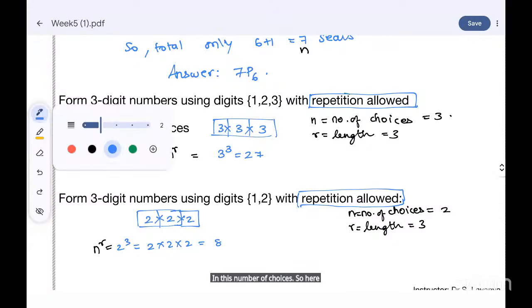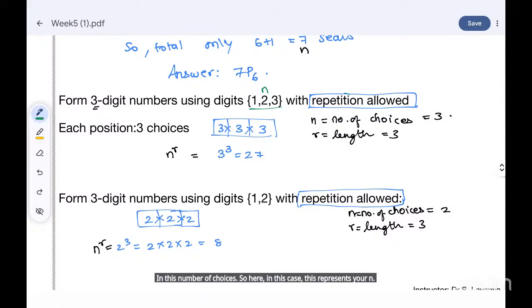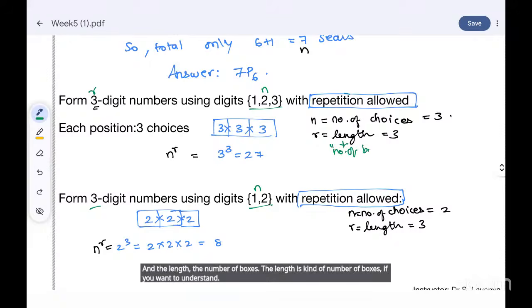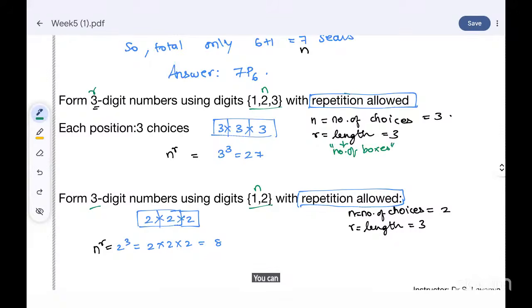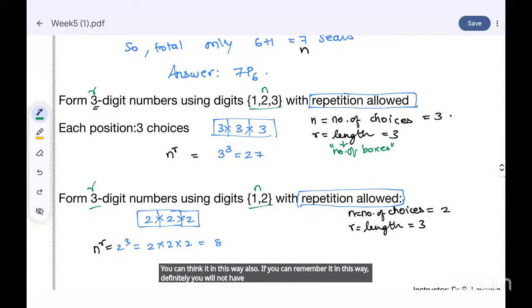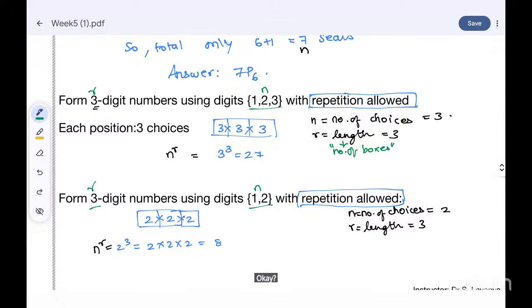So here this represents your n, and this represents your r. Similarly, here this represents your n, the number of choices you are having, and the length, the number of boxes. The length is kind of the number of boxes, if you want to understand. If you remember it in this way, definitely you will not have confusion. Okay.